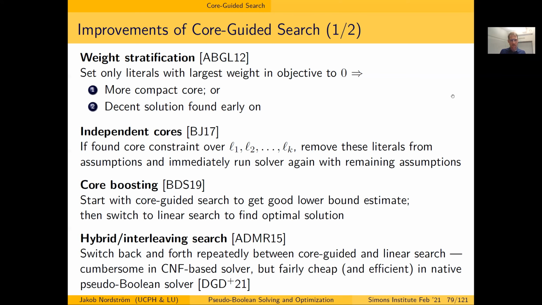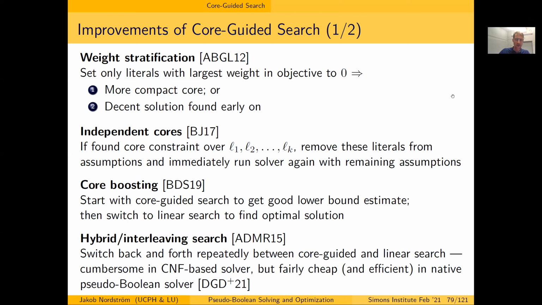And this doesn't come for free, because in a CNF setting there is a lot of re-encoding involved, which is fairly expensive and takes time. So switching back and forth between core guided and linear search is fairly costly if you're operating on CNFs. But if you're operating natively on pseudo-Boolean constraints, then this is not expensive at all. Then you can do full interleaving search fairly cheaply.